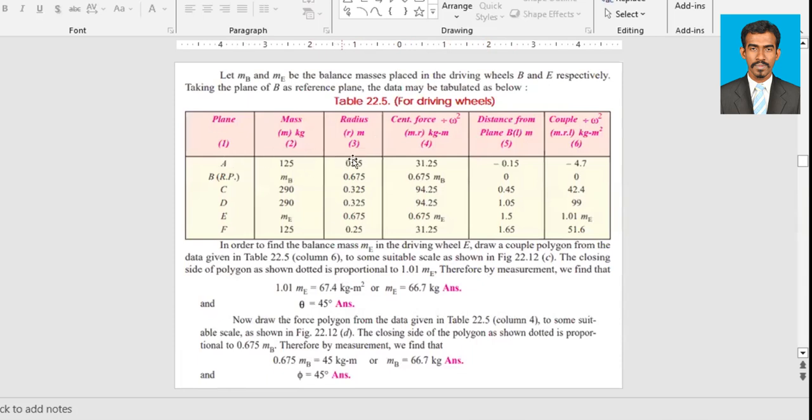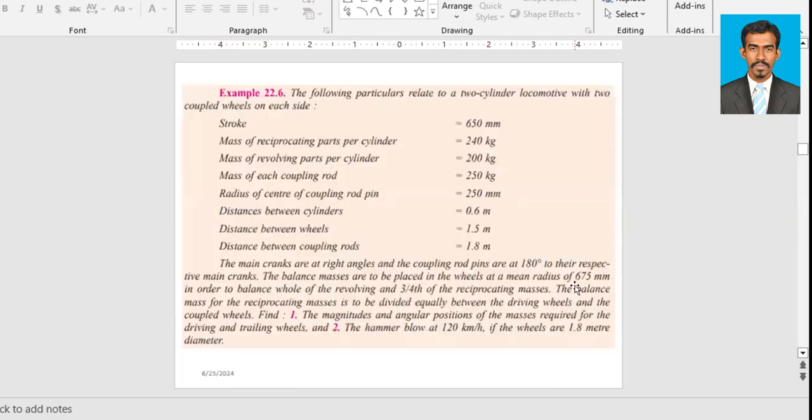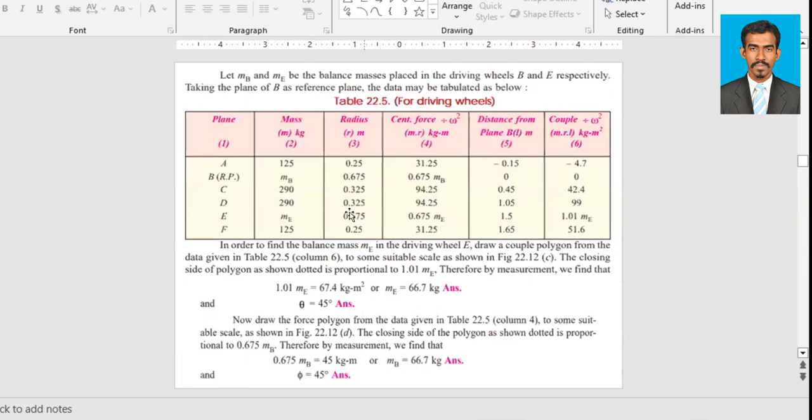So for this coupling rod it's 0.25 meter, and for this coupling rod also it's 0.25 meter. And in the question it is asked that the balancing masses are to be placed at 675 millimeter. So the radius of the balancing masses is 675 millimeter.